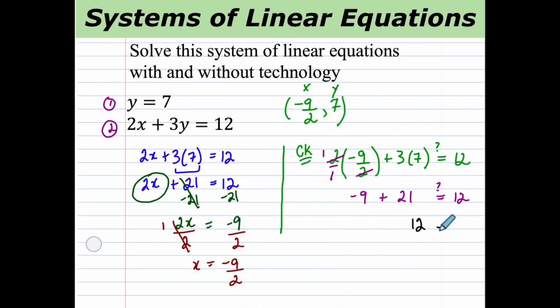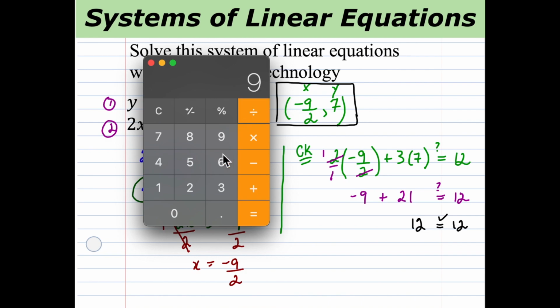This equation is true. I know my solution to the system of linear equations here is (-9/2, 7), which was exactly what we got in Desmos. 9 divided by 2 is that 4.5.